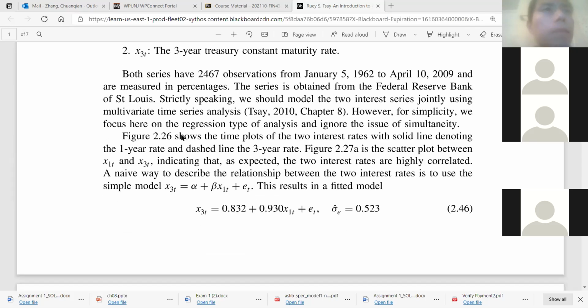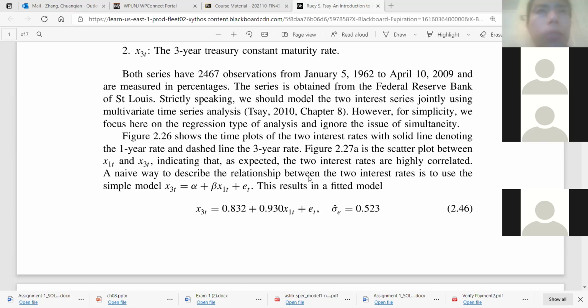So I think this textbook directly gives you the first model, right? They try to estimate a model like this. 3T is the 3-year treasury rate, and this is the 1-year rate, and they run this regression.